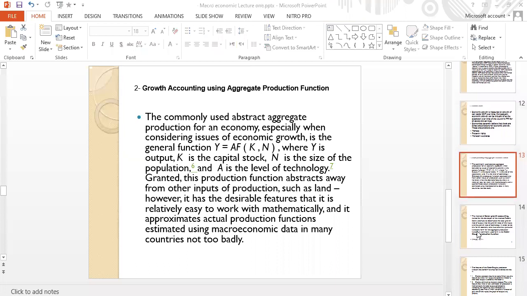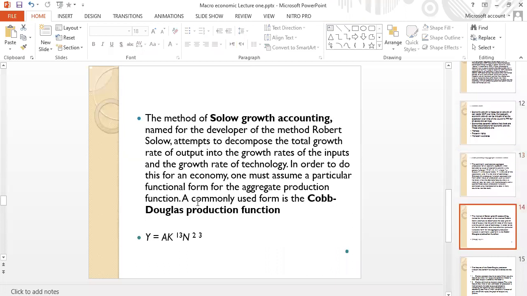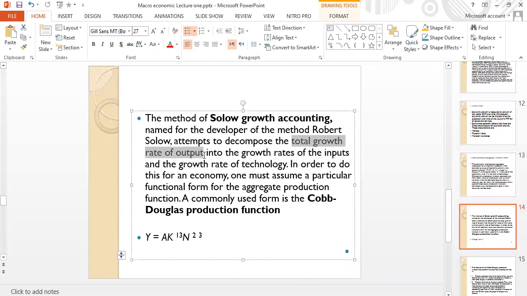So when we calculate it, we have Solow growth accounting and we have the Cobb-Douglas production function, and these two functions can calculate the aggregate production, and from it we can calculate the total growth rate of output.